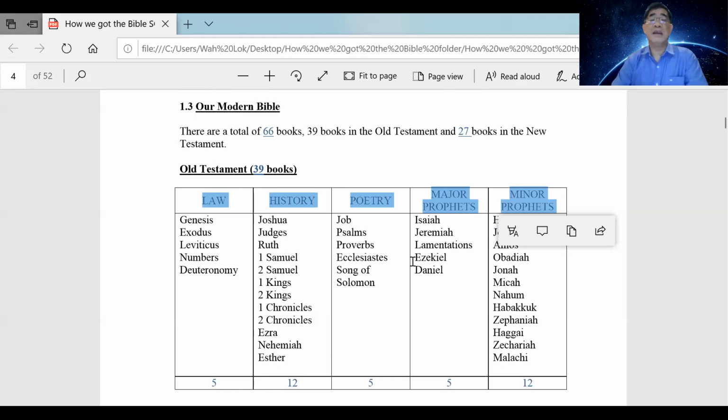Then we have the major prophets: Isaiah, Jeremiah, Lamentations, Ezekiel, Daniel. And finally, the minor prophets: Hosea, Joel, Amos, Obadiah, Jonah, Micah, Nahum, Habakkuk, Zephaniah, Haggai, Zechariah, Malachi.